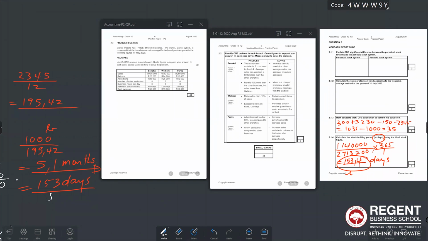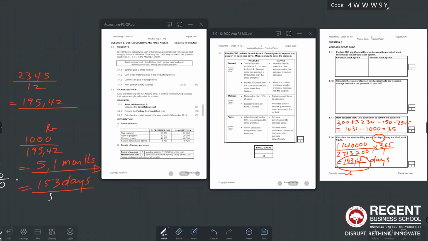Now, very quickly, in the section on manufacturing, you should make sure that you do know your production cost statement. You can't be taking a chance on the production cost statement where you don't know the format. I'm just going to go randomly through that. We just have a few minutes before the lesson ends. So I just want to quickly mention that production cost statement.